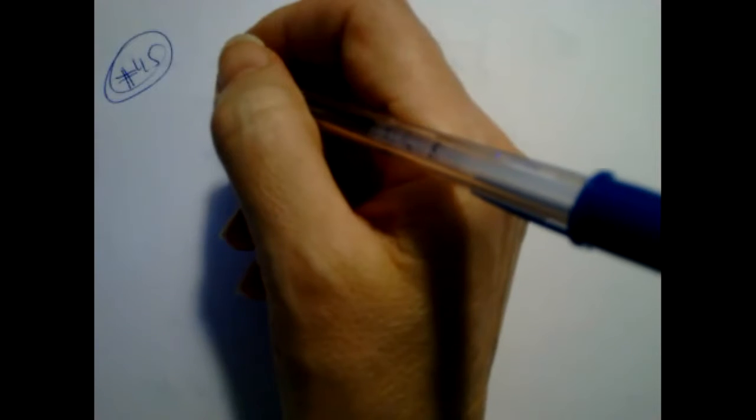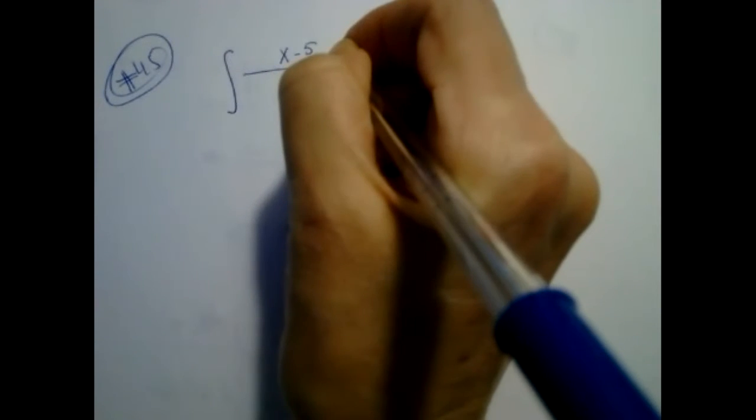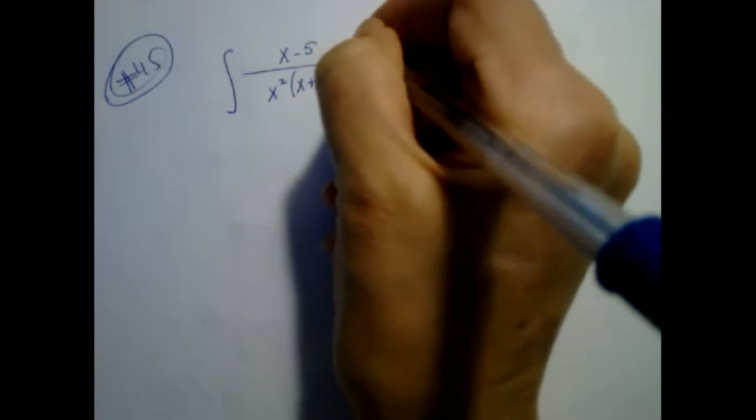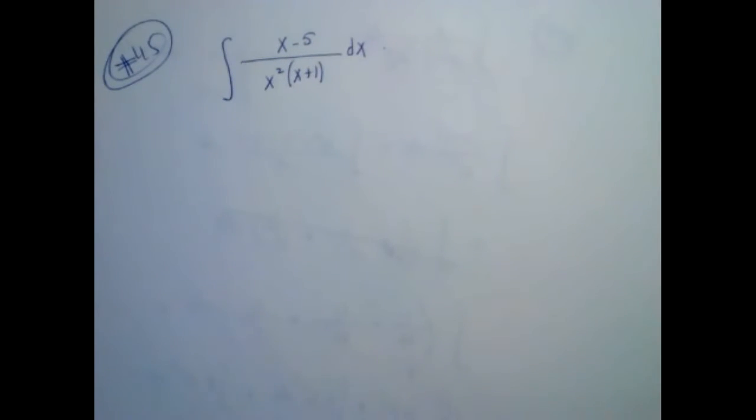So I'll do 45 first, and then I will look at 76. 45, where is it? Okay. x squared dx. Okay.